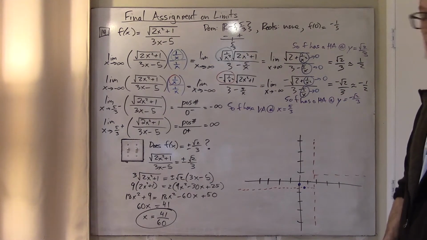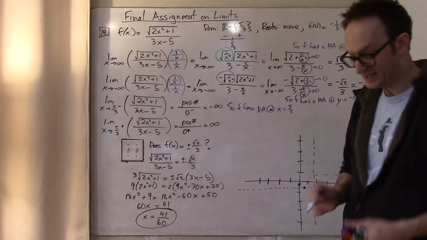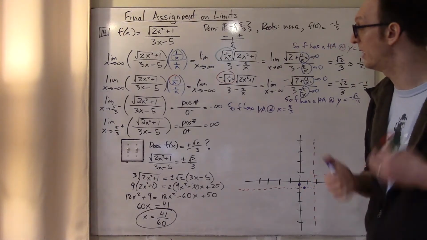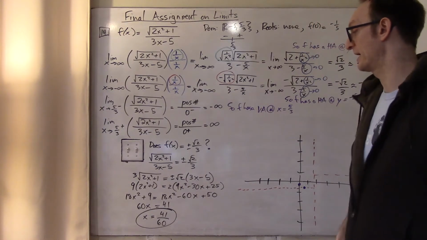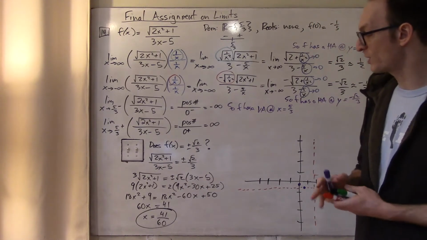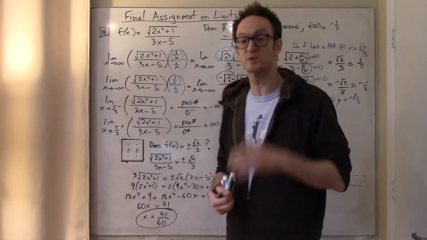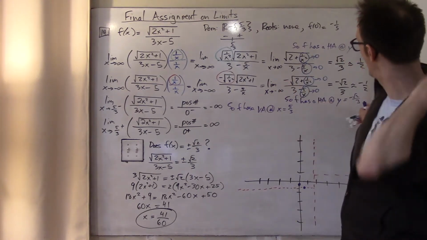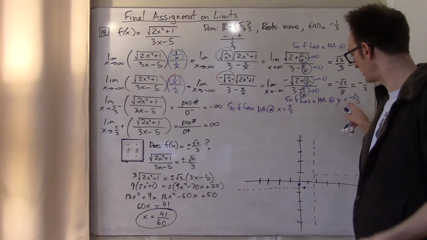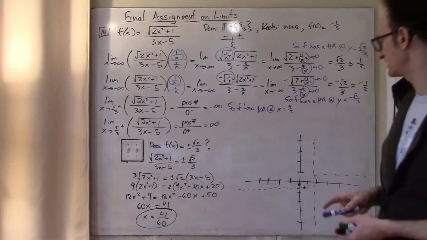And finally, am I done? Oh, so it crosses there and nowhere else, right? That's what I gained from this algebra. I gained the knowledge that only for x equals 41 over 60 and no other x values does this function equal either this number or this number. And so I'm ready to graph this thing now.